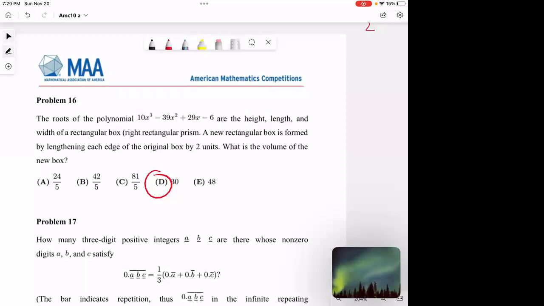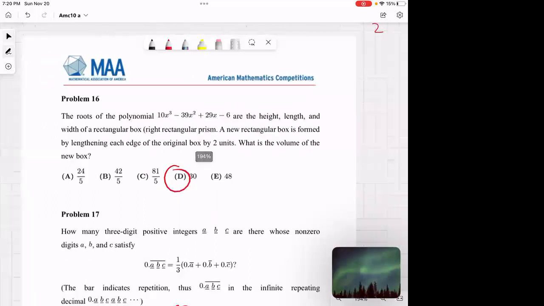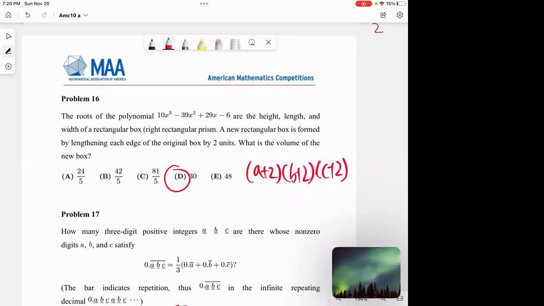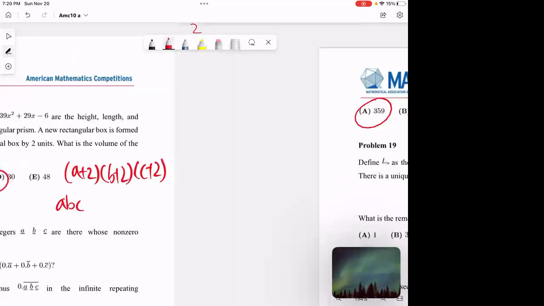So the roots of this polynomial are the height, length, and width of a rectangular box. So we can call the roots A, B, and C, right? So we're looking for A plus 2 times B plus 2 times C plus 2, right? Actually, let's write this over here where we have more space.